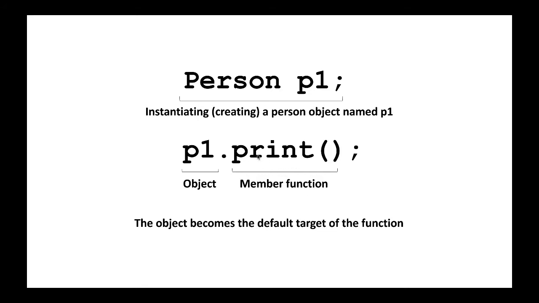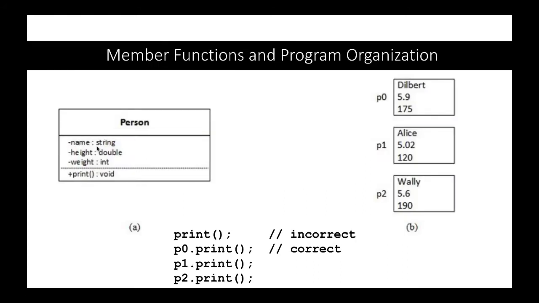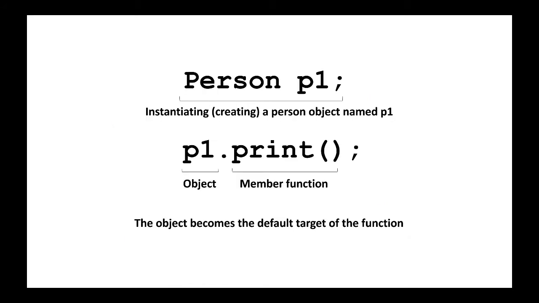If you were to look inside the implementation of this print function, you would see P1's member variables being printed: a string called name, a double called height, and an integer called weight. It would most likely be printing them out using cout name, cout height. So that's a possible implementation, and that is what you would see inside it.